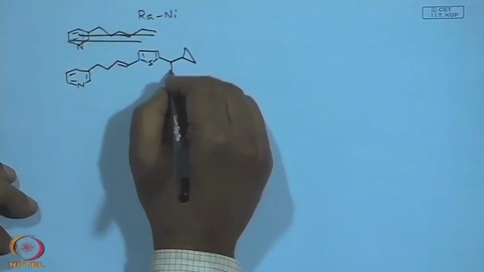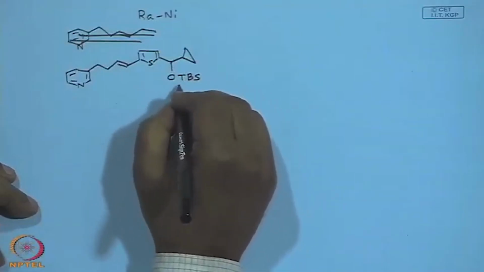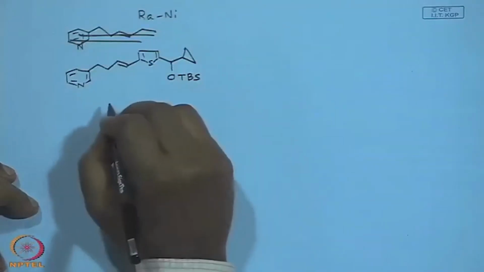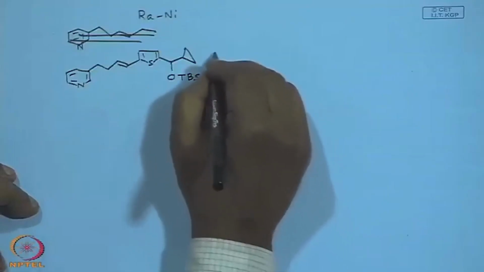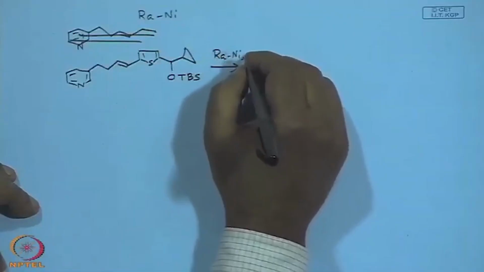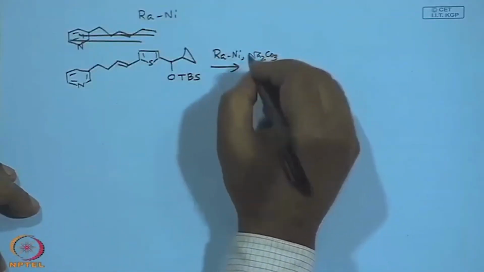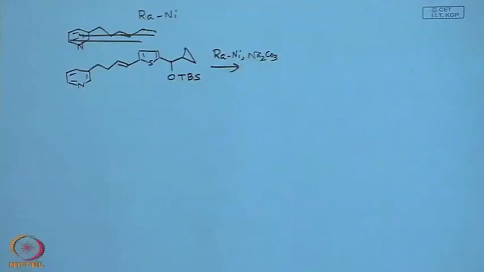There are so many lessons in this, and TBS, all of us know, tertiary butyl silyl, fine. The reaction condition is Raney nickel with sodium carbonate. So, what do you expect? Apparently, nothing is mentioned, which means it is a room temperature kind of reaction.